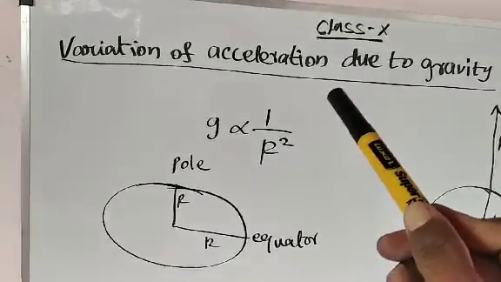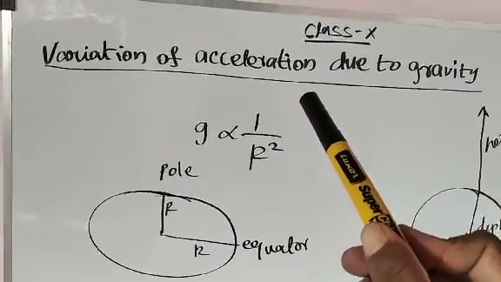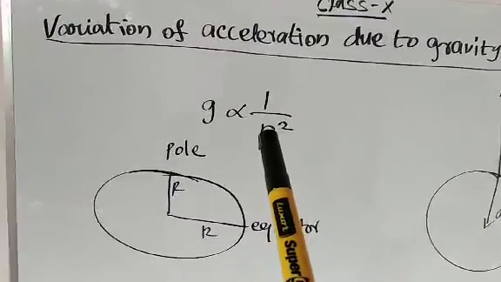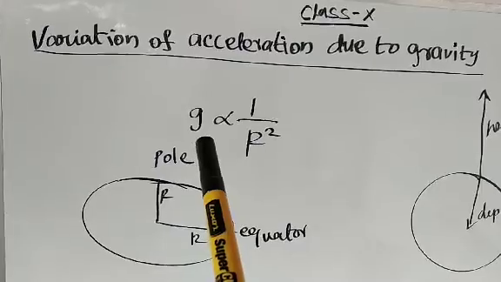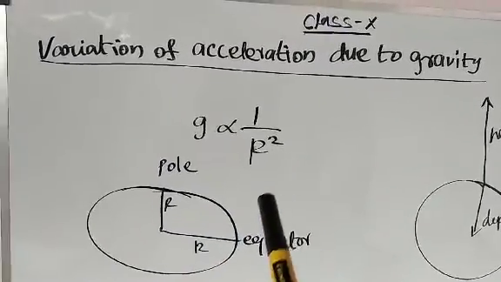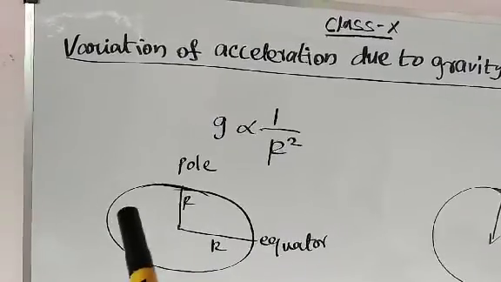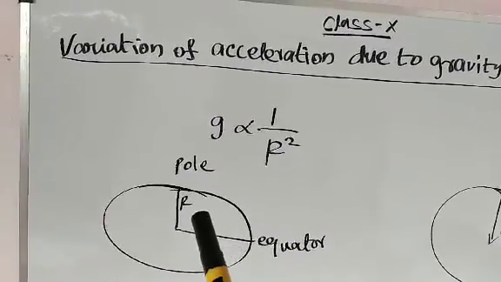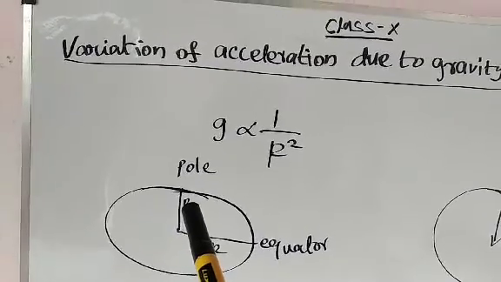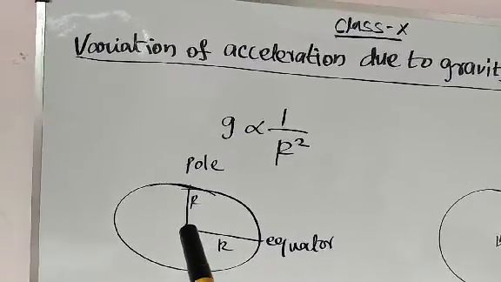Variation of acceleration due to gravity. From this equation, acceleration due to gravity is inversely proportional to the square of the distance. So earth is an ellipse. At the pole, the radius is very less.